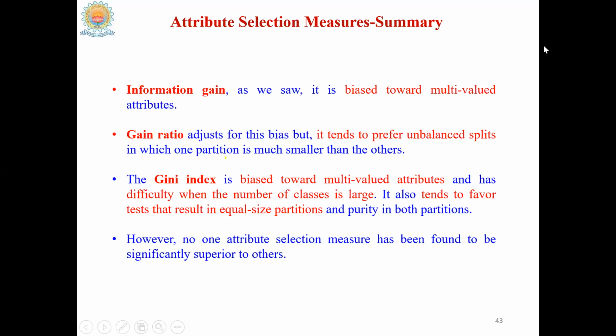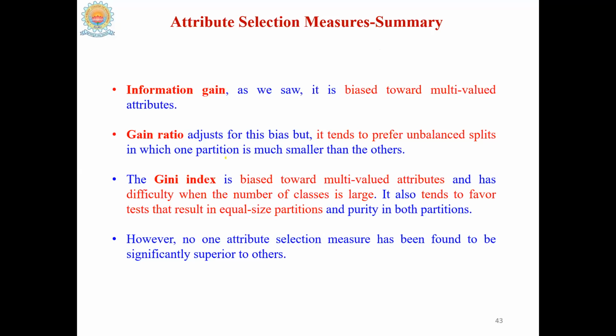Binary split. So it supports only binary split. So Gini index supports mainly binary split. That's why, for any given attribute, if it is continuous, we need to go for a split point.